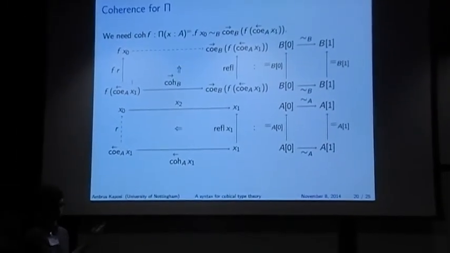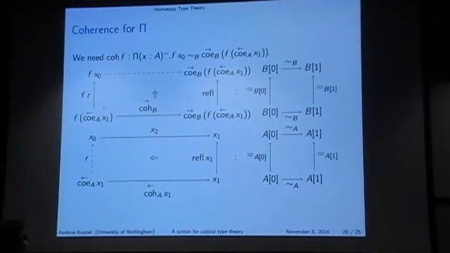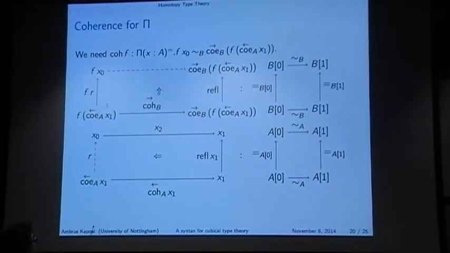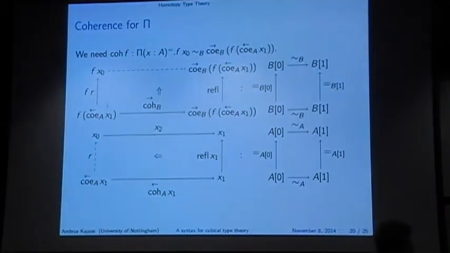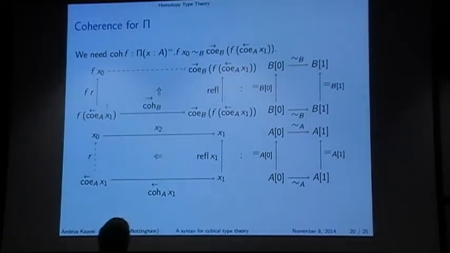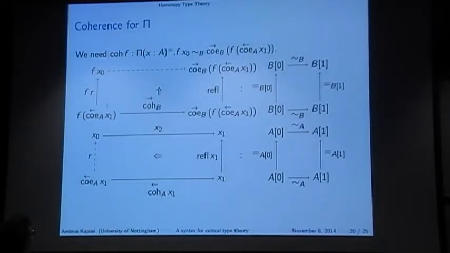I cannot just use the coerce and coherence already defined, but I go one level up and I need to somehow get these second level Kan-filling conditions. It's a trick.